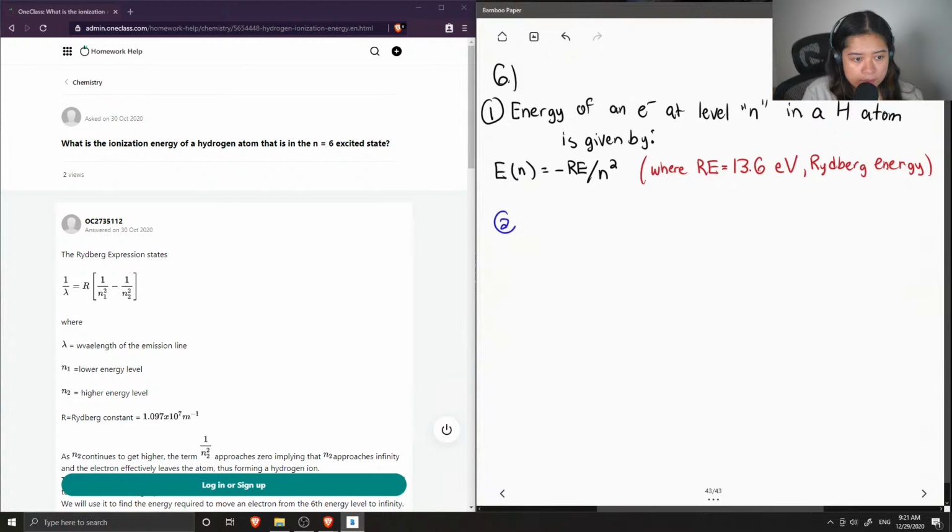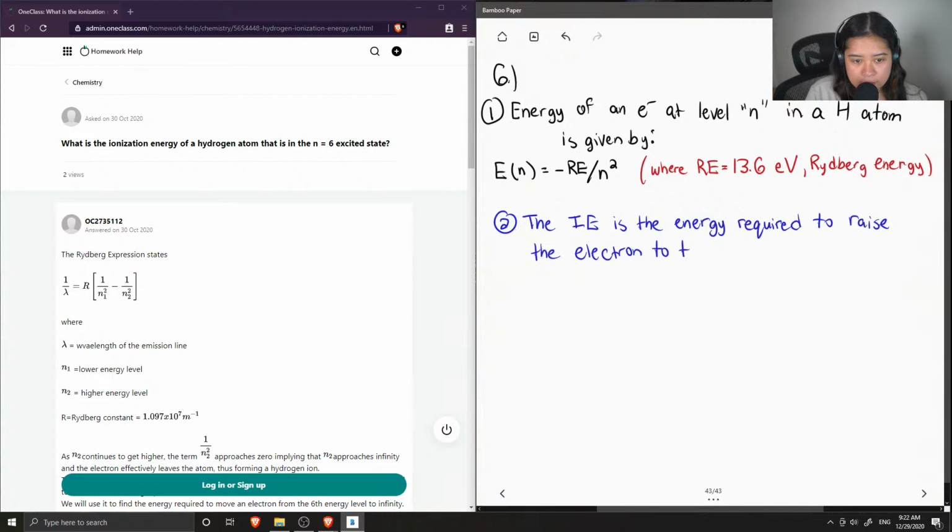Okay, so step 2. The ionization energy is the energy required to raise the electron to the level n equal to infinity, so to a very high level.